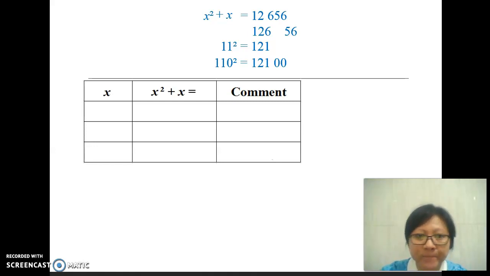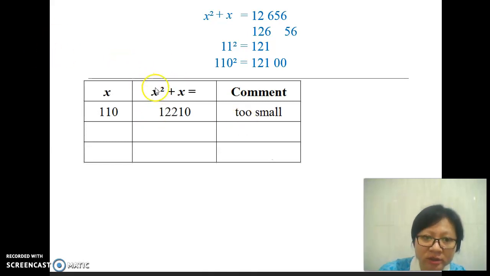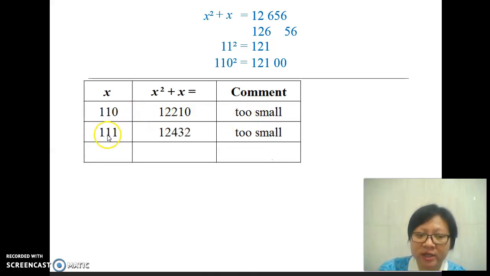Okay, so let's use the value of x equals 110. So here 110 squared plus 110, you will get 12,210. It's too small. Try again. Improve the value of x. Try 111.